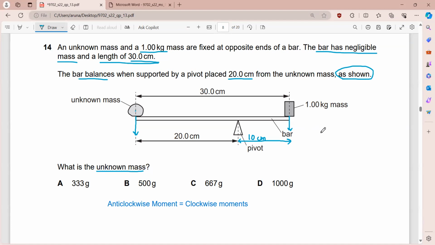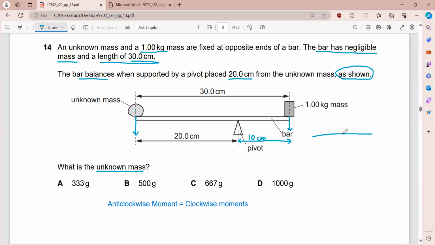Quite simple. Even if you take a pen, what I always like to do is when I come across these equilibrium style questions, I know I have to use clockwise and anti-clockwise moments. And since here the pivot is already given, we don't have to assume a particular thing as a pivot.